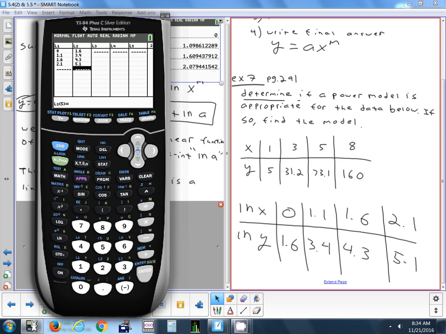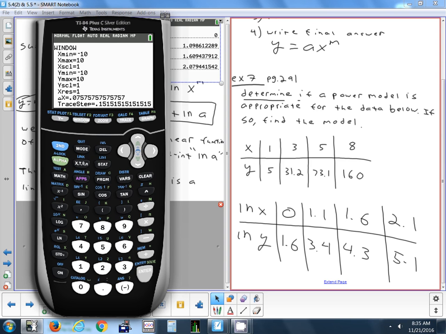All these points are in the first quadrant, pretty much, except one of them is going to be on the axis, 0, 1.6. So I don't need to look at any negative values really, but if you do a zoom 6, it should be okay.